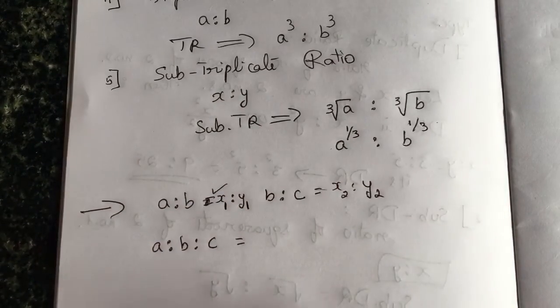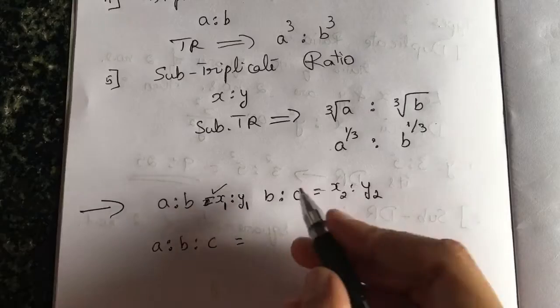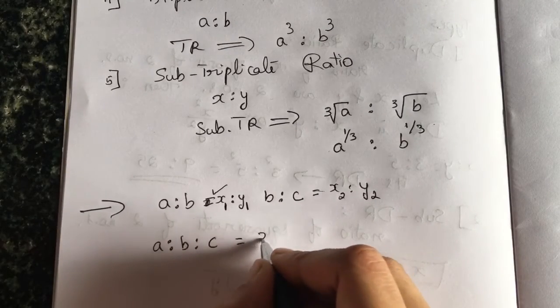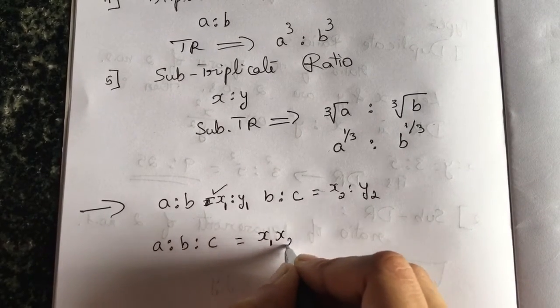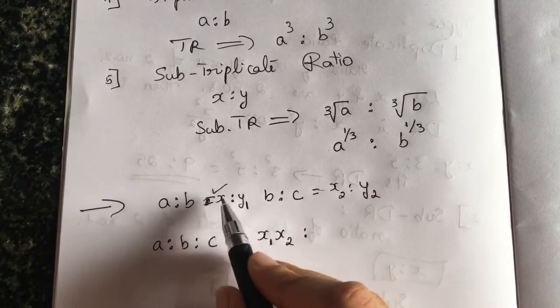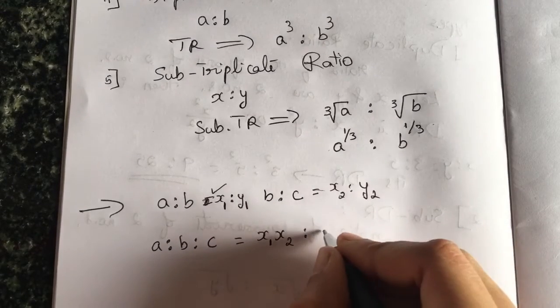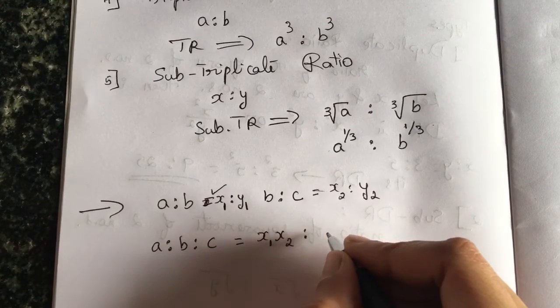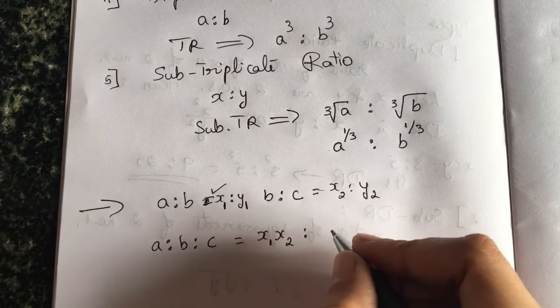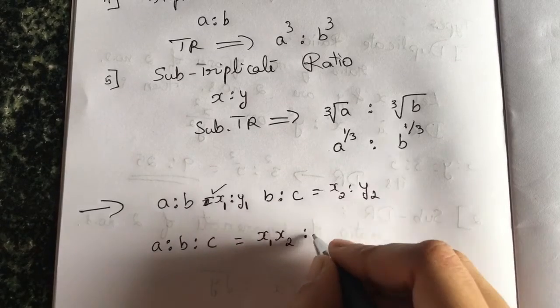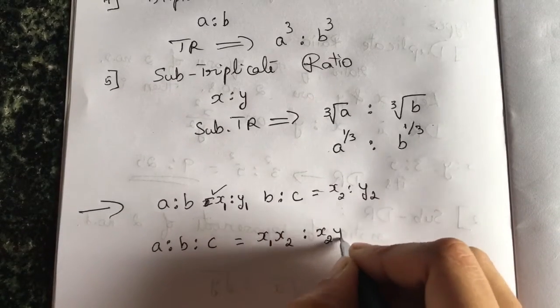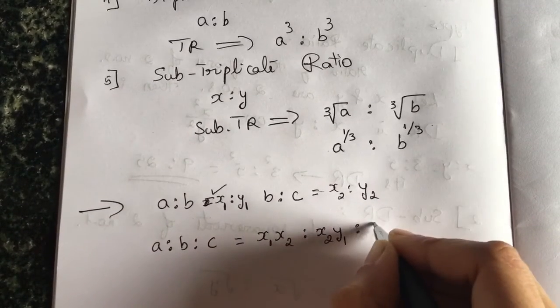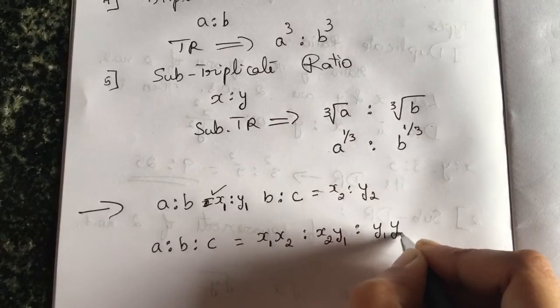Then A is to B is to C is x1 into x2 is to x1 into y2, is to y1 into y2.